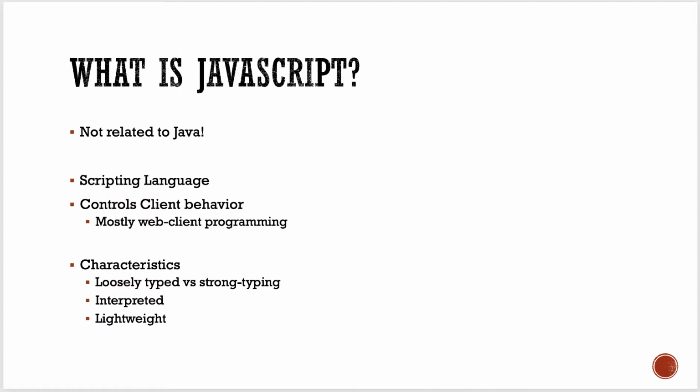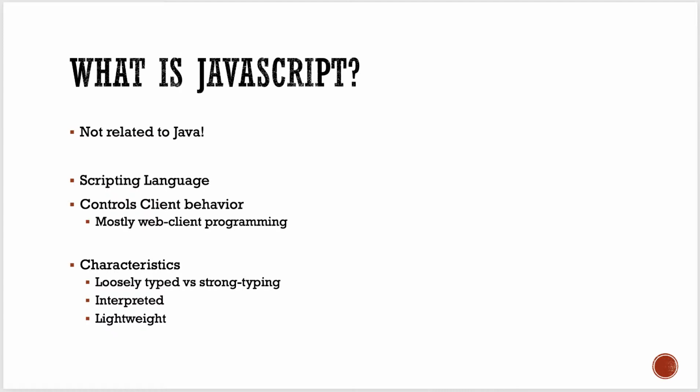JavaScript is a scripting language. It's not a full-fledged programming language like Java, C, C#, Swift, so on and so forth. JavaScript is considered a scripting language, and it runs on the client's web browser. Subsequently, JavaScript controls most web client behavior, and so it is used for web client programming.